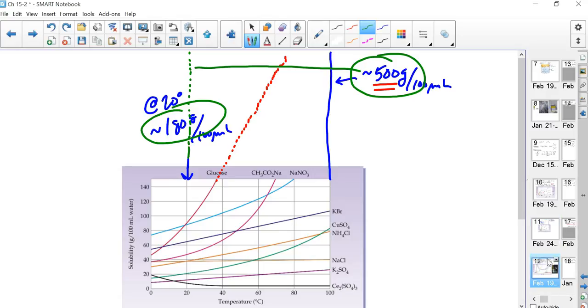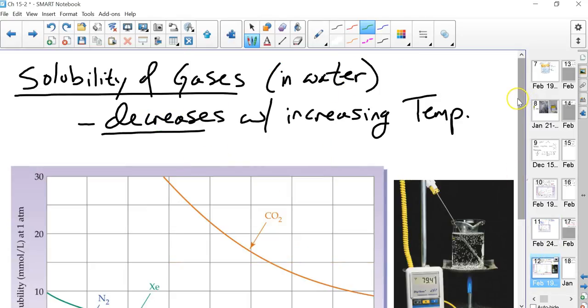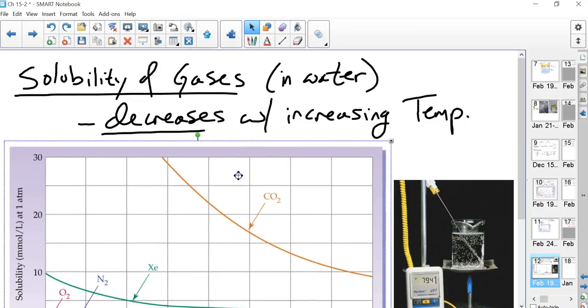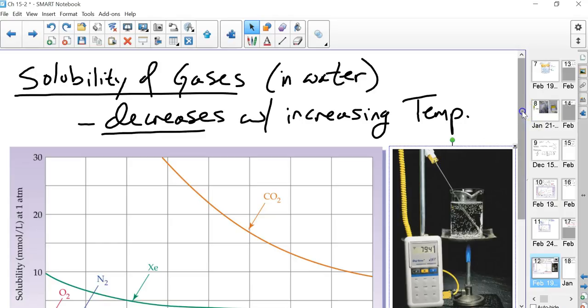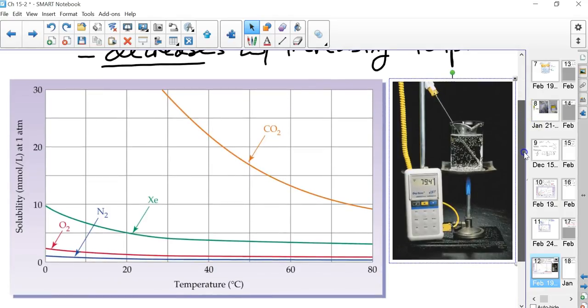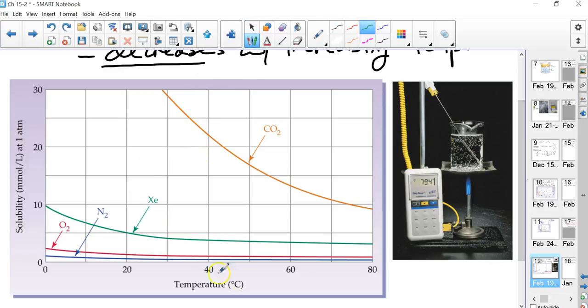Now gases, unfortunately, do exactly the opposite. Gases will decrease in solubility with increasing temperature. So take a look at this chart here. Gases all have a negative slope. So as we increase temperature from left to right, the solubility of a gas will decrease. So all of these gases have a negative slope, decreases with increasing temperature.